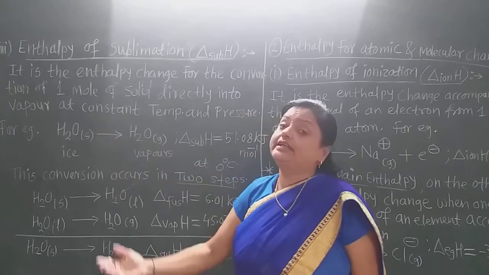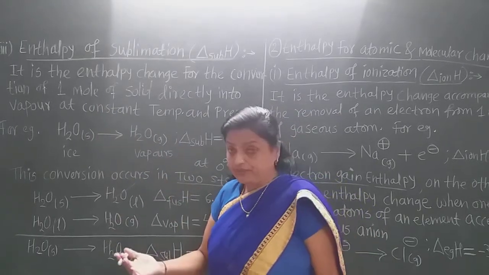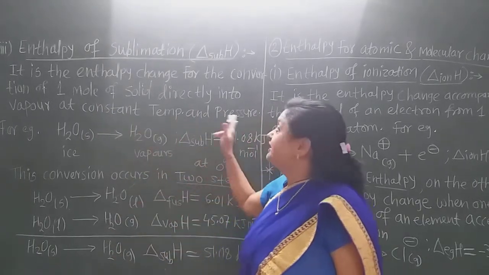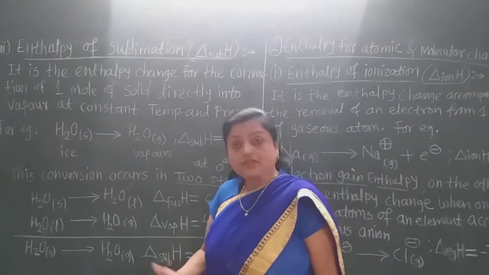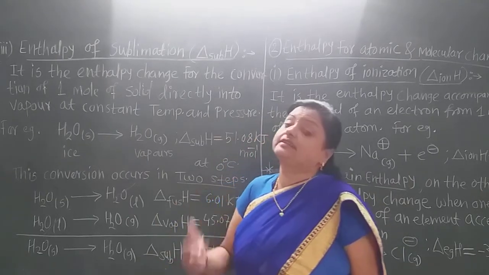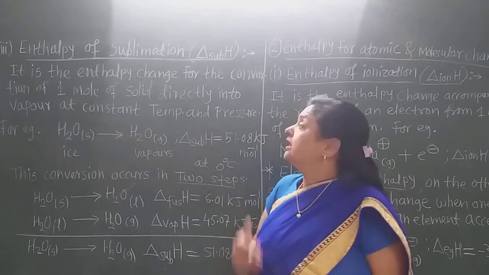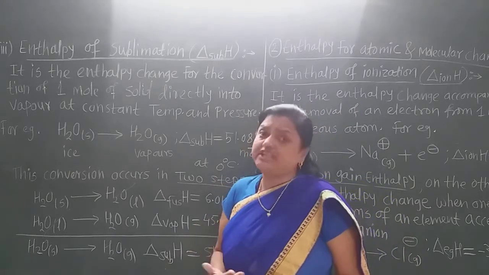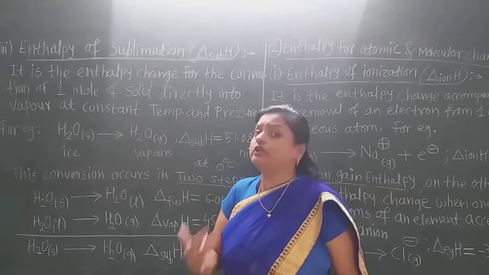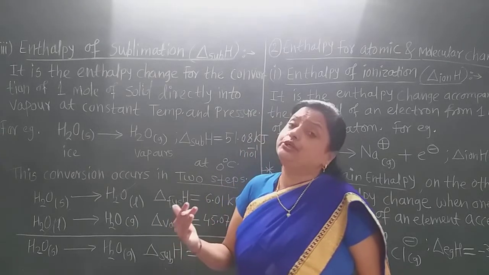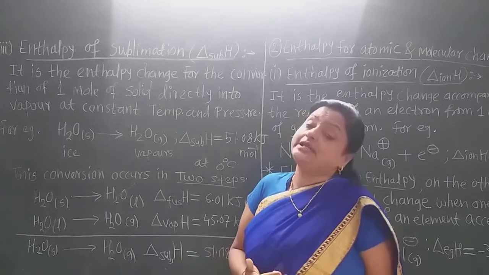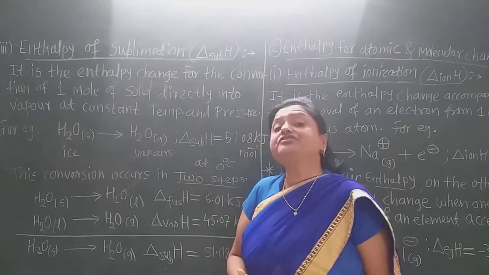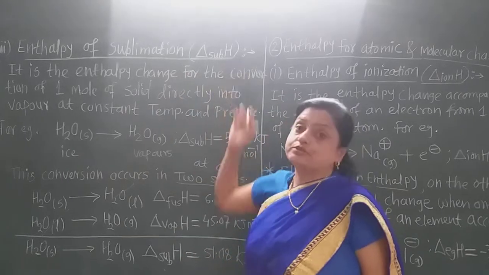When 1 mole of solid is converted directly into vapor at constant temperature and pressure, at that time the enthalpy change is called the enthalpy of sublimation. So it is the enthalpy change when 1 mole of the solid substance is directly converted into vapors at constant temperature and pressure. That enthalpy change is called the enthalpy of sublimation.